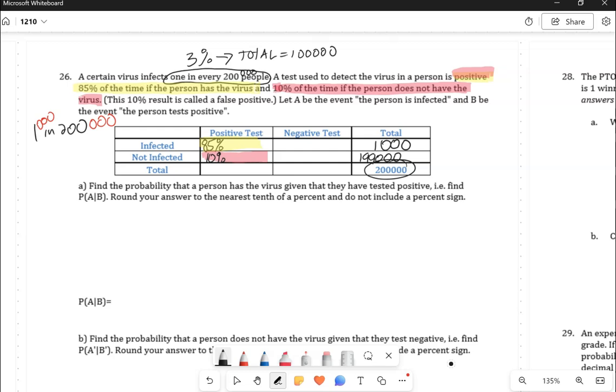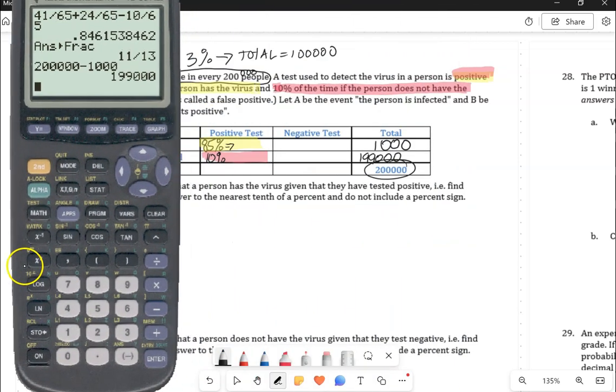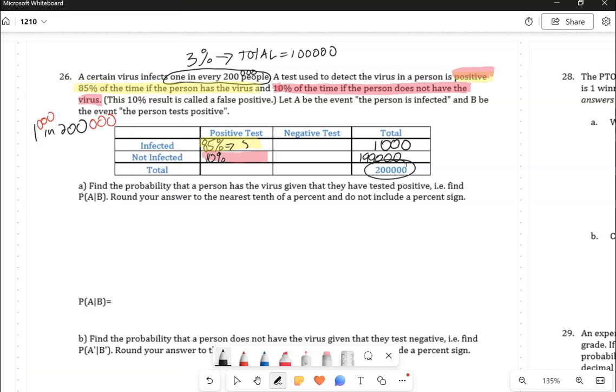Now we have a percentage in the infected column. So if we were to work out 85% of the 1,000 people that are infected, I get 850.